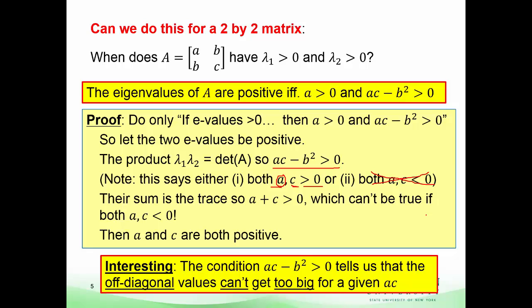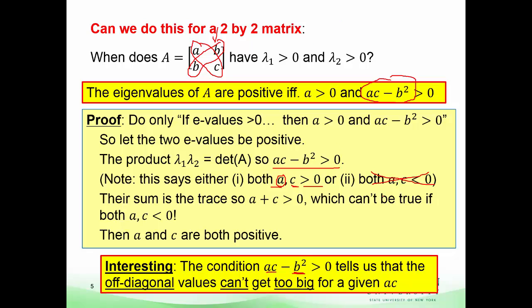So what is this telling us? What is it telling us about the relationship between AC and B? Well, AC must be bigger than B squared. So B squared comes from the off-diagonal elements. So in some sense, once you fix the diagonal elements, you can't make B too big and have it be positive definite.